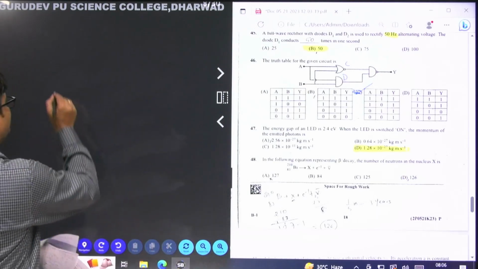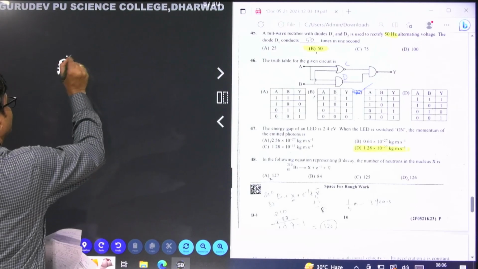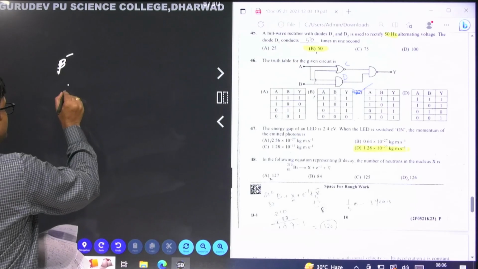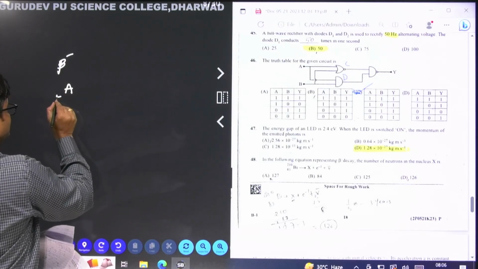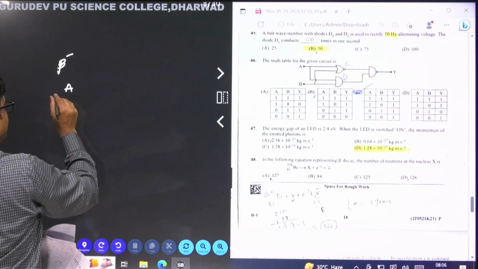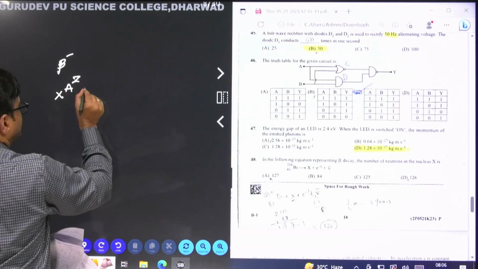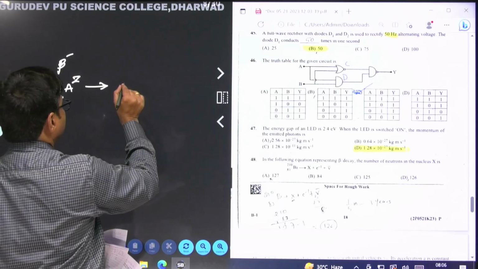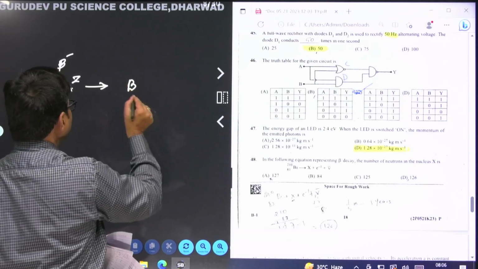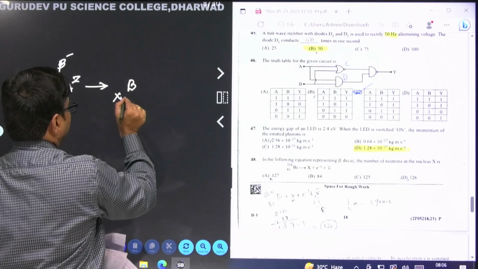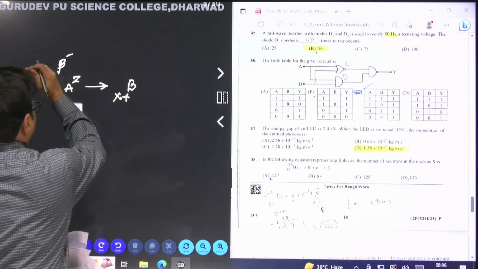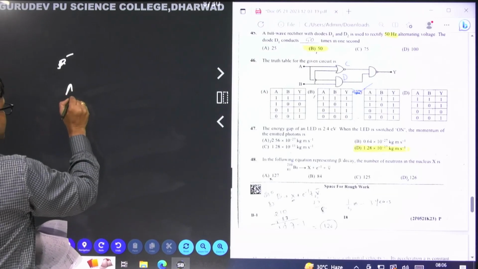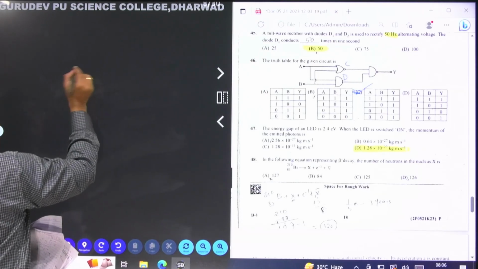Now in beta minus decay, according to Soddy's group displacement law, suppose we have a nucleus. I'll change the notation here.